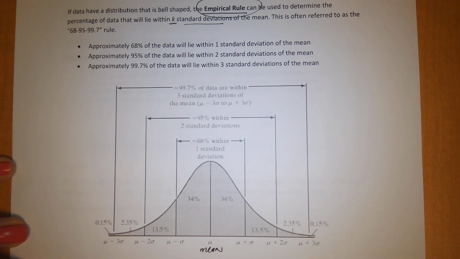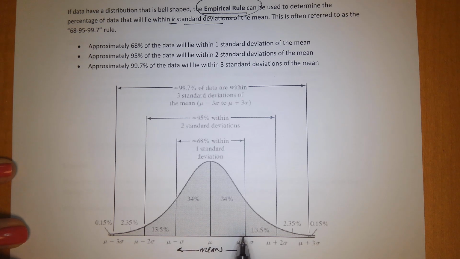So if the middle is the mean, and each deviation I go out from the mean, remember sigma is standard deviation. So if I take the mean and I add a standard deviation this direction, or I subtract a standard deviation in this direction, I get a range from a small to a large number.